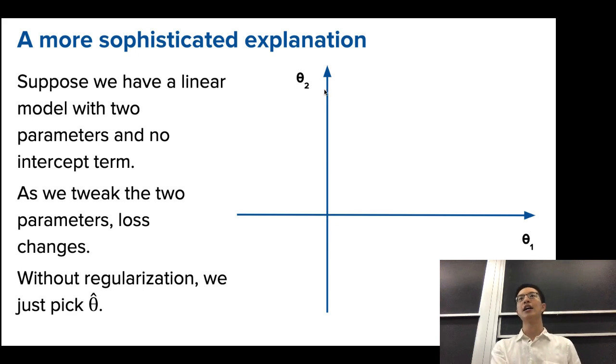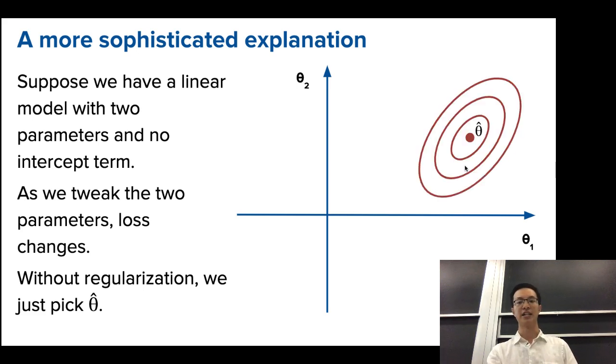Okay, and now if I have some data, I can tweak theta1 and theta2, and when I tweak theta1 and theta2, my loss will change. Okay, so here I plotted theta hat as the best combination of theta1 and theta2, and as I move away from theta hat, I'm going to get a higher and higher loss.